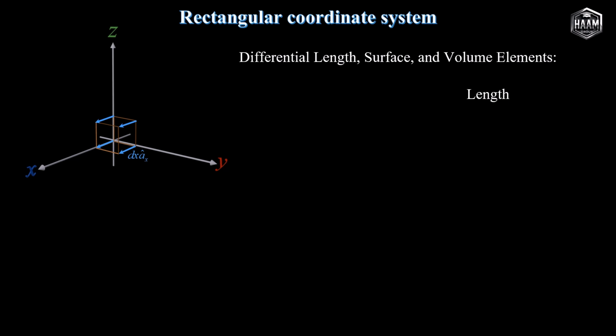We also see the positive dy times a hat sub y segment and the dz times a hat sub z segments. Therefore, dl in the rectangular coordinate system is given by dx times a hat sub x plus dy times a hat sub y plus dz times a hat sub z. This is the differential length element of the rectangular system.